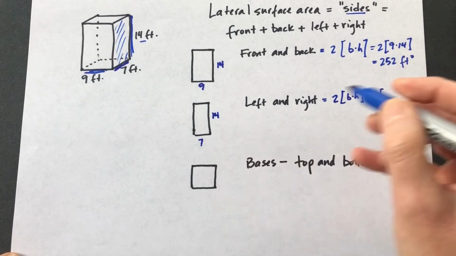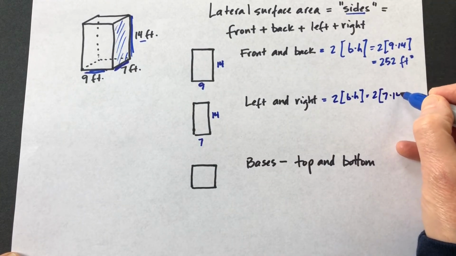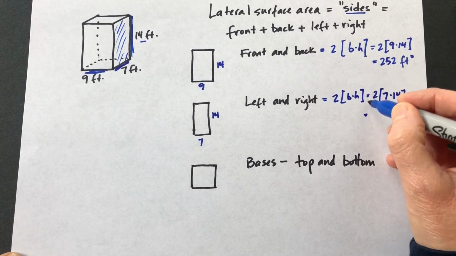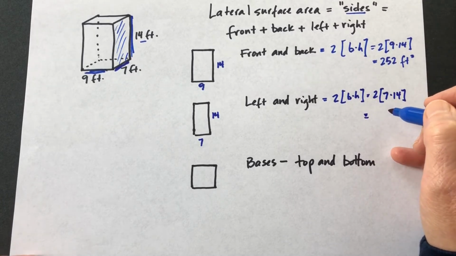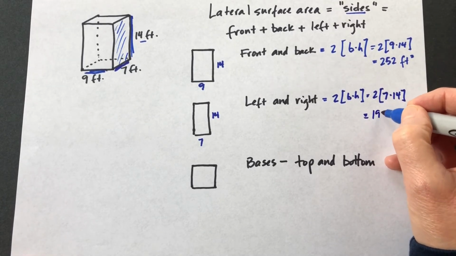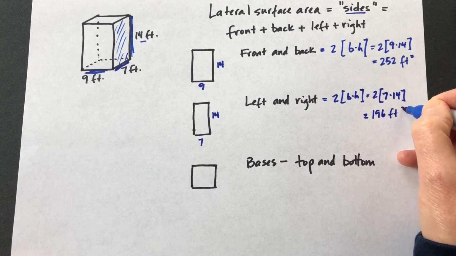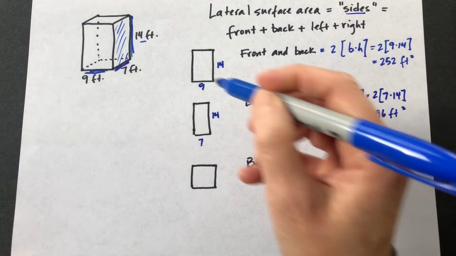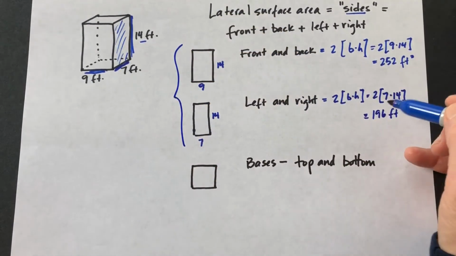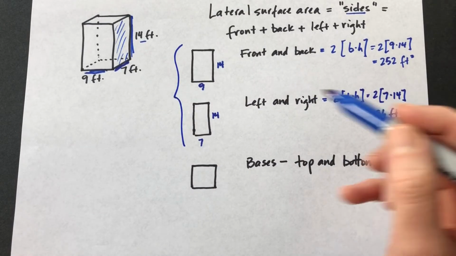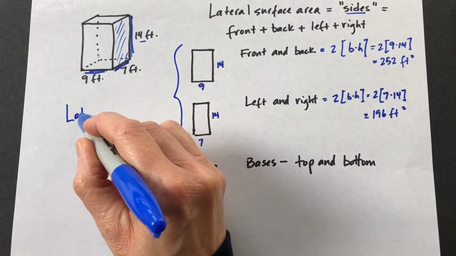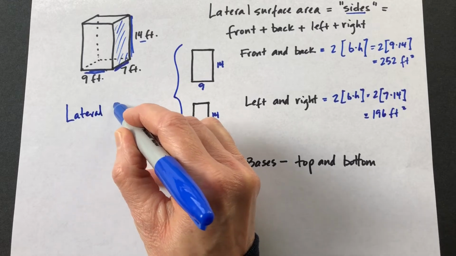So our base of 7, our height of 14, multiplied by 2, because there's a left and a right, is 196 feet squared. So these areas combined are going to give us our lateral surface area.